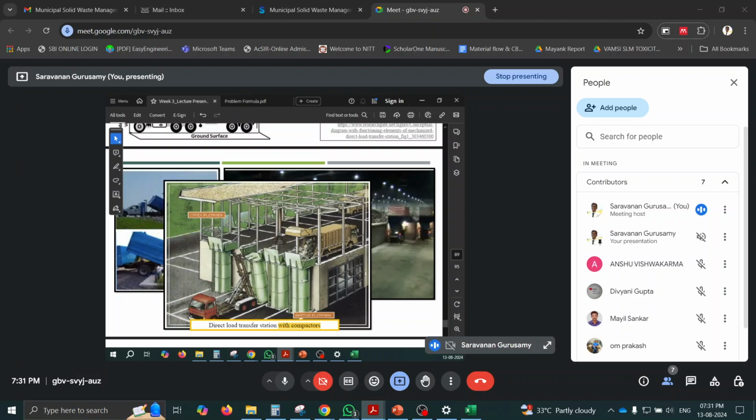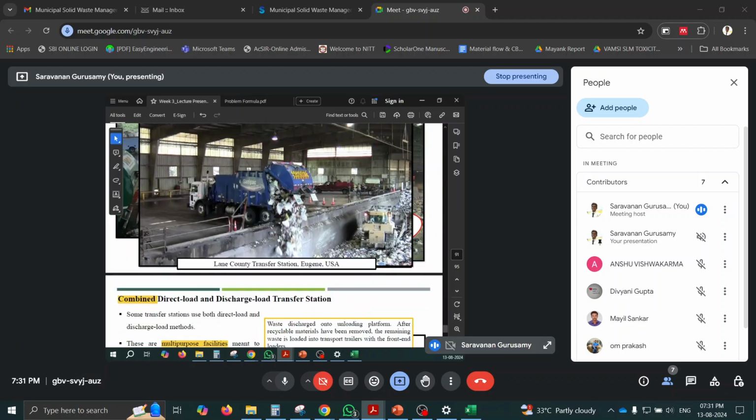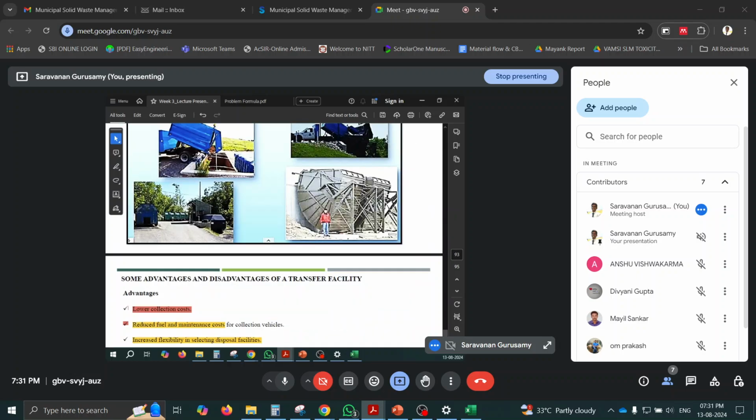This will compact the waste, and the whole pipe will be tilted into the bigger containers so it can be transported. If it is a storage transfer station, we need a platform there. Every smaller vehicle will empty the waste, whatever is recoverable will be recovered, then it will be transferred to the bigger containers. Then there is the combined type. So you can see some of the pictures.